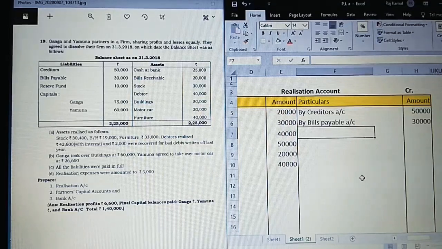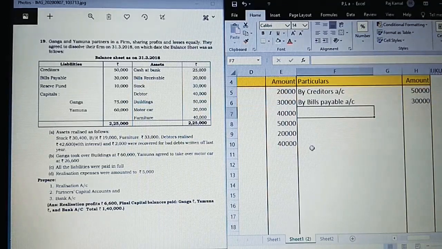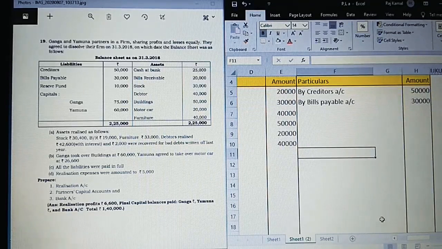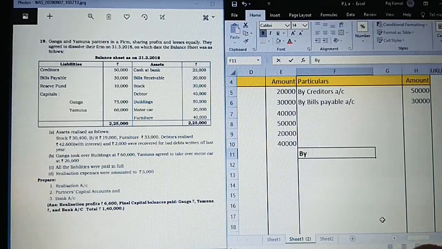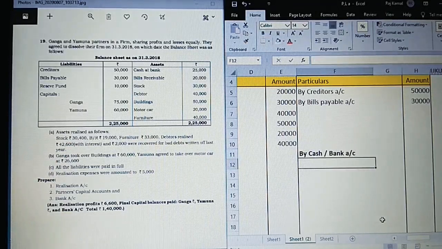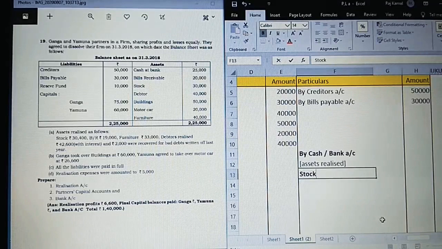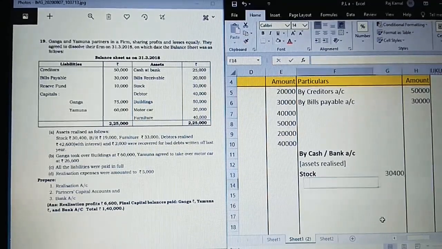Now let us move on to the adjustment. First adjustment, I'm just leaving space so we do not get confused. Assets realized as follows. So when the assets are realized, it will always be through cash or bank account. In the bracket, let me mention assets realized: stock, 30,400.